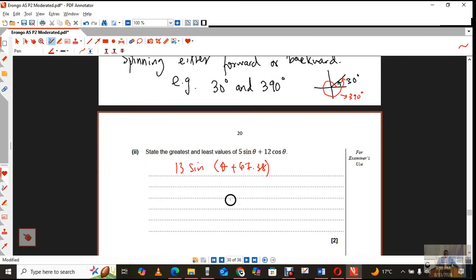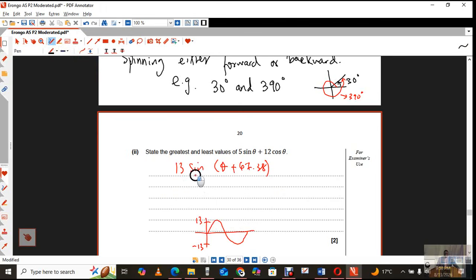Now here's my point. If this was a graph, that 13 there is your amplitude. So that graph obviously is going to be oscillating between what you have over there, starting obviously from here, going all the way up, coming down, and so on. So your R, because the sine graph, if you know the sine graph, oscillates between 1 and -1.